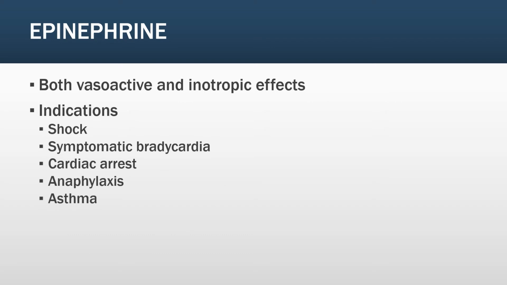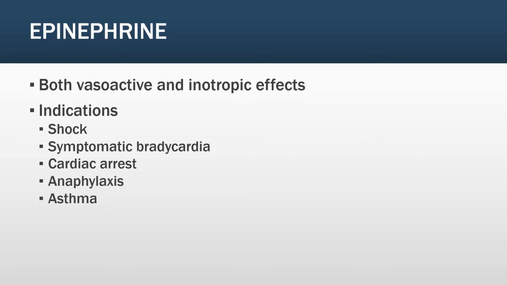So epinephrine has both vasopressor and inotropic effects, which makes it a useful drug in treating many life-threatening situations. Depending on the type of shock, epinephrine can be used because of the inotropic effects to improve cardiac output, and with its vasopressor effects to increase systemic vascular resistance.